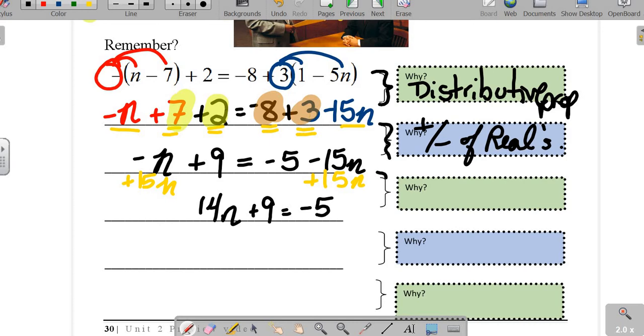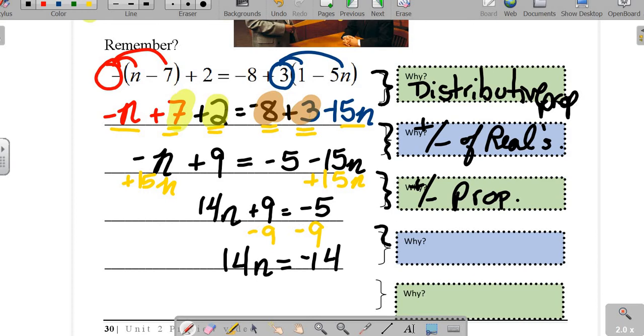From here to here, we added 15 to both sides, so that would be the addition-subtraction property. Here we subtracted across the equal sign, so that's the addition-subtraction property.